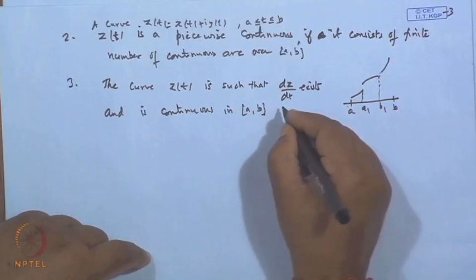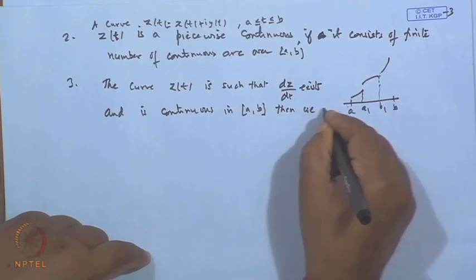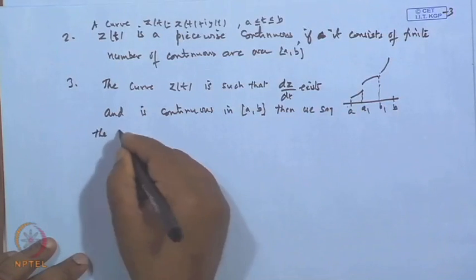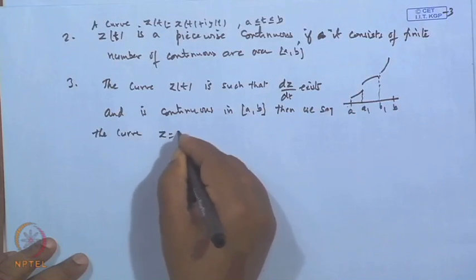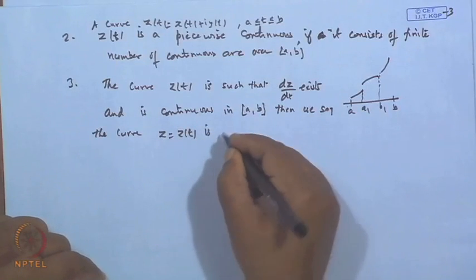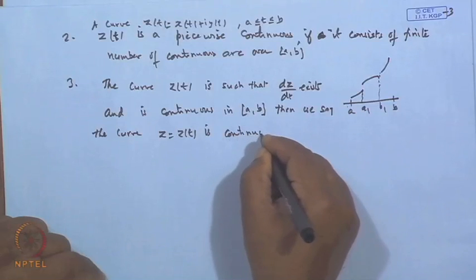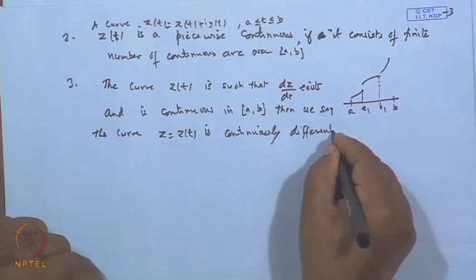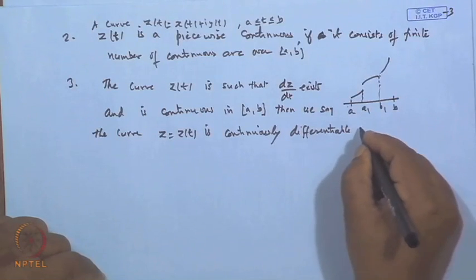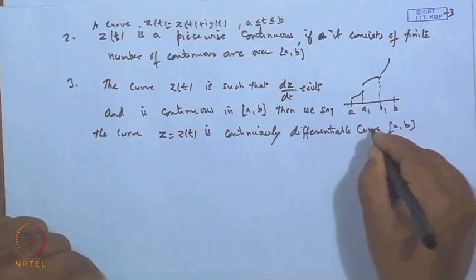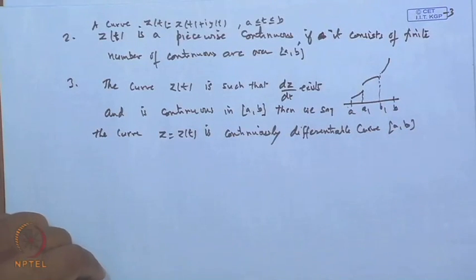Then we say the curve z equal to z(t) is a continuously differentiable curve over the interval a b.